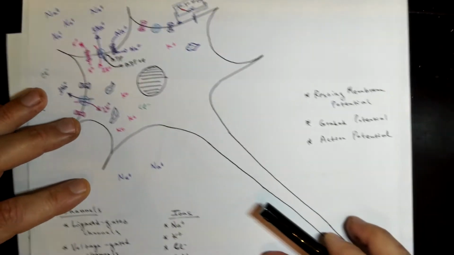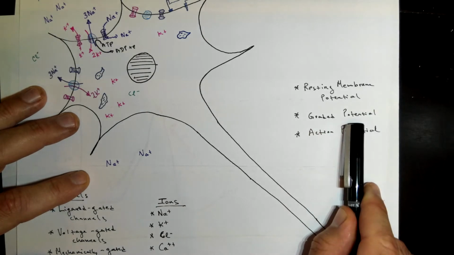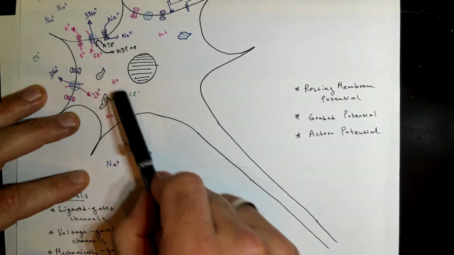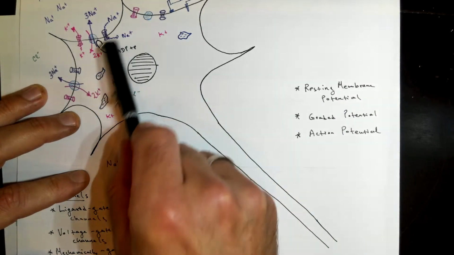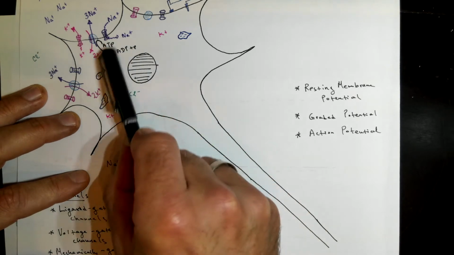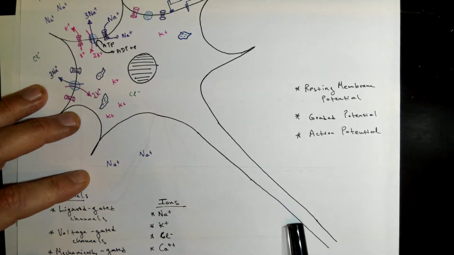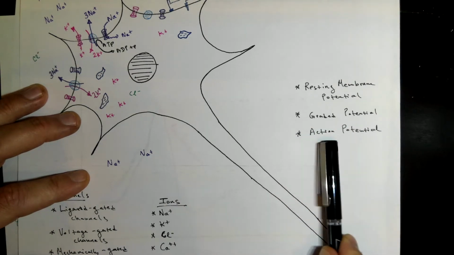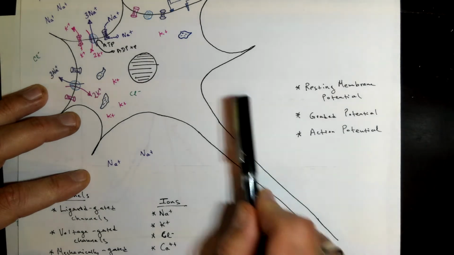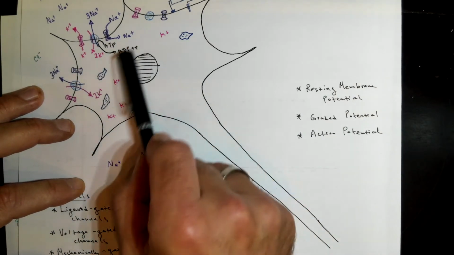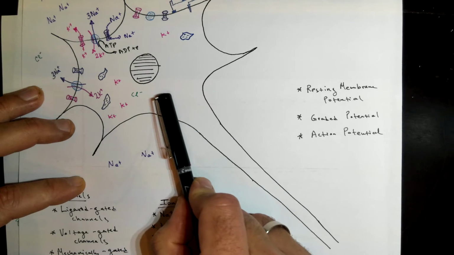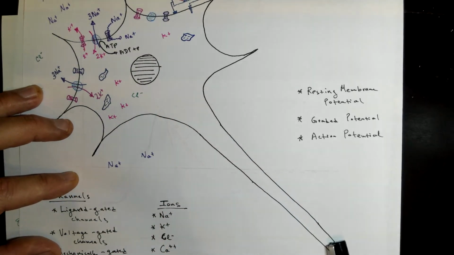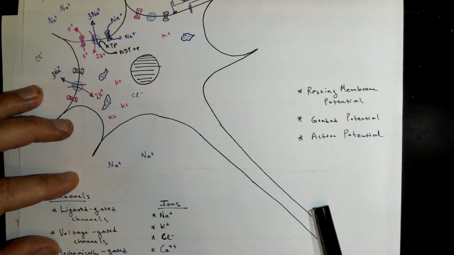And then possibly give us a graded potential, which is a potential that stays more local within the soma or the cell body itself and does not propagate through the axon, or a more powerful version of it known as an action potential, where this cell body gets depolarized enough to where the signal does propagate down the axon and actually will stimulate another neuron further down.